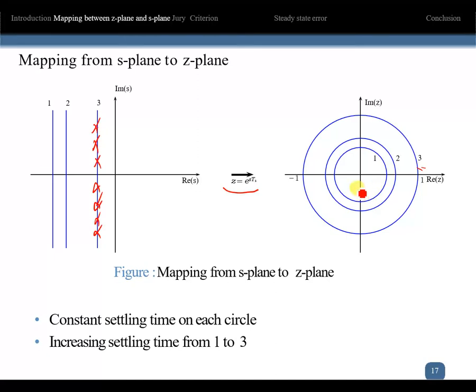What's the difference between 1, 2 and 3? If you remember, from 3 you go to 1, the settling time will be better, or from 1 go to 2, 3, the settling time will be increased. From here the same thing, from 1 to 3 you go, the settling time will be increased.